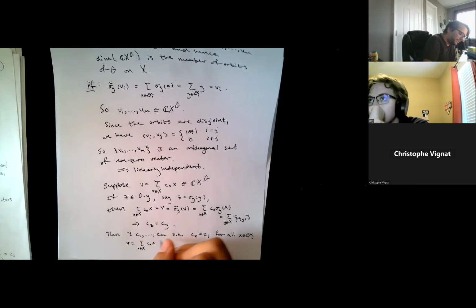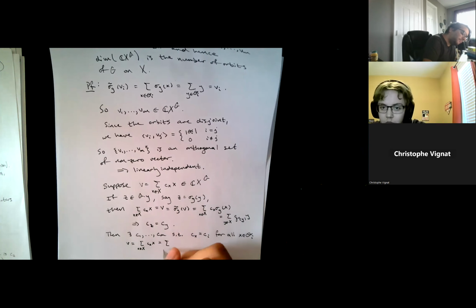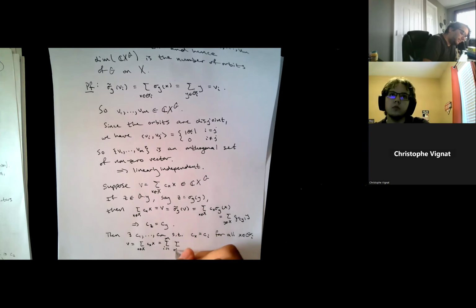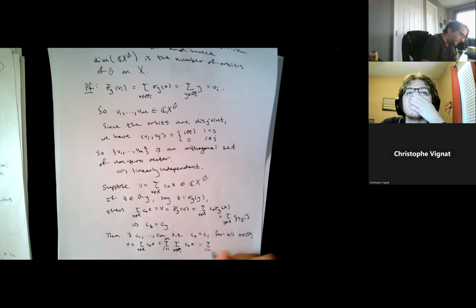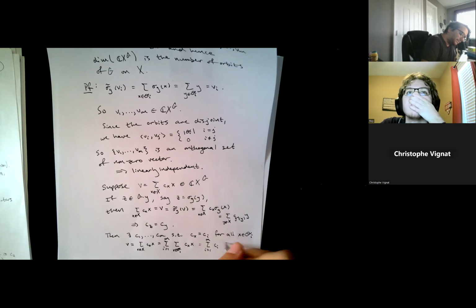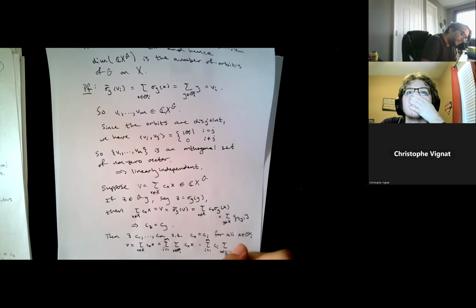So that's just the definition. This will be equal to the sum from i equals 1 to M, and the sum over the elements of the orbit of Cx x, which is just the sum from i equals 1 to M of Ci times the sum over the elements in the orbit.